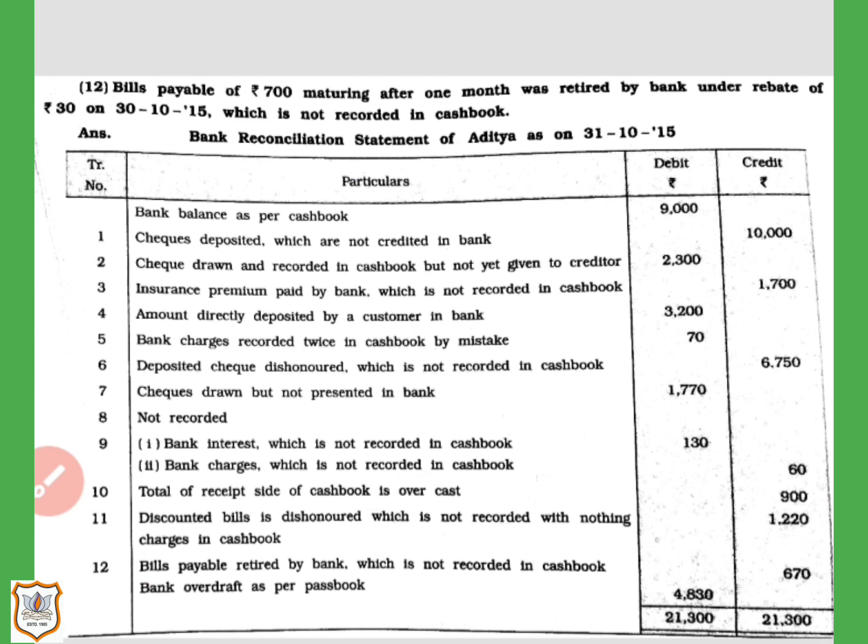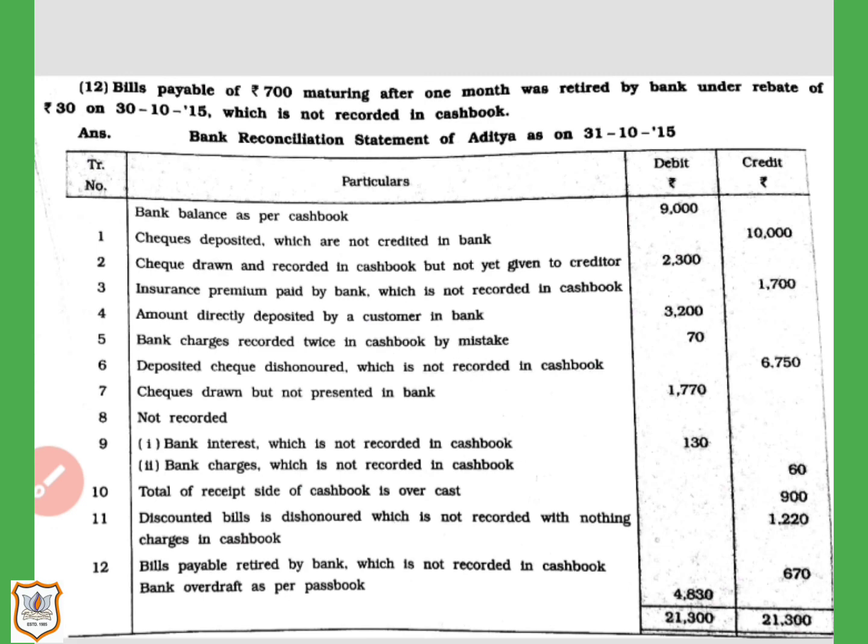So 700 minus 30 comes to 670. But this is not recorded in cash book. So here we will write this transaction in the credit column of BRS. So here it is, bills payable retired by bank which is not recorded in cash book. Amount is rupees 670.